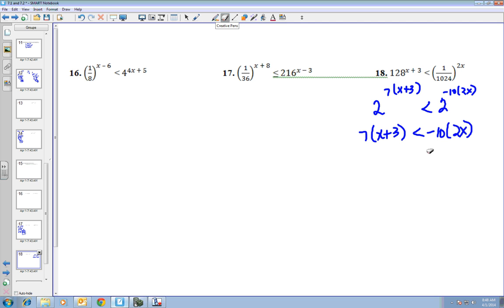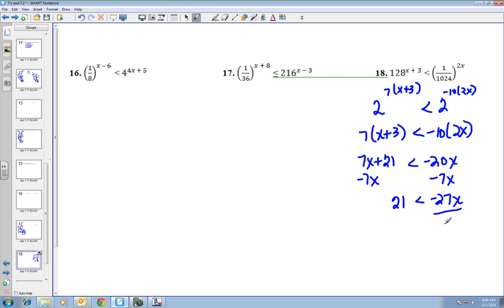So once we have the same exponents, we can drop our bases and set our exponents equal to each other. Okay, because we're solving for x. So now I have 7x plus 21 is less than negative 20x. Subtract 7x. 21 is less than negative 27x.